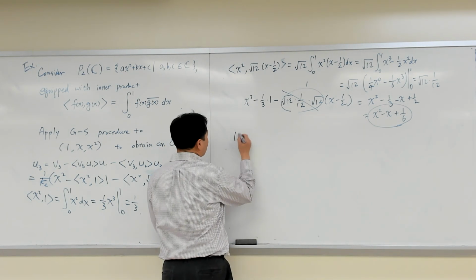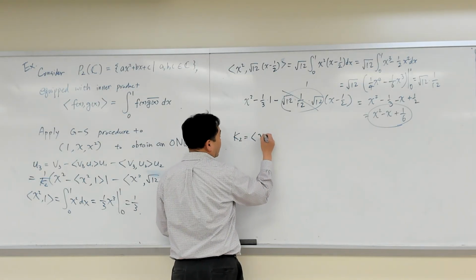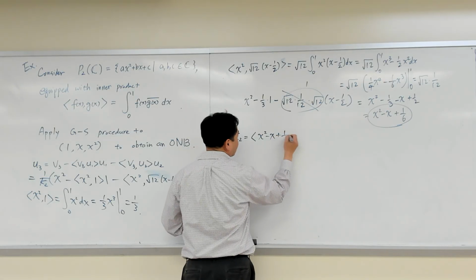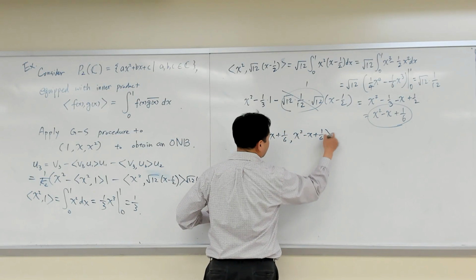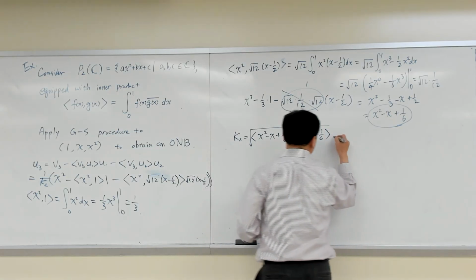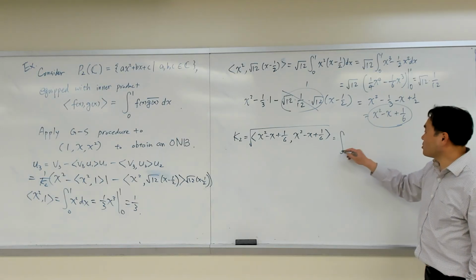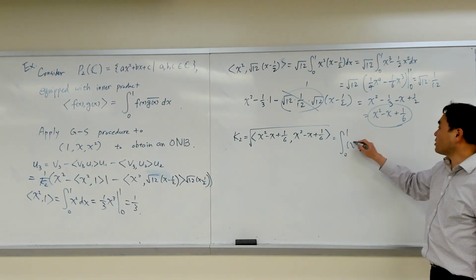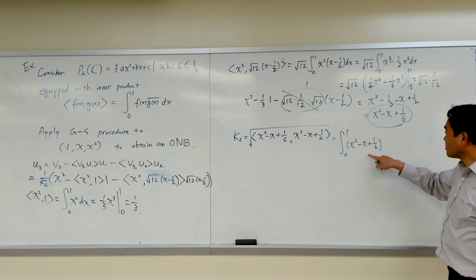So k2 that we were talking about is this x squared minus x plus 1/6 by itself, square root, and that's going to be a huge calculation, 0 to 1 of x squared minus x plus 1/6 times itself.